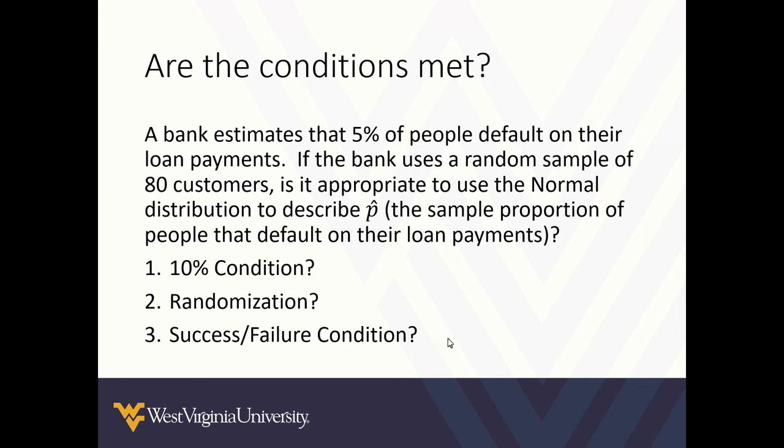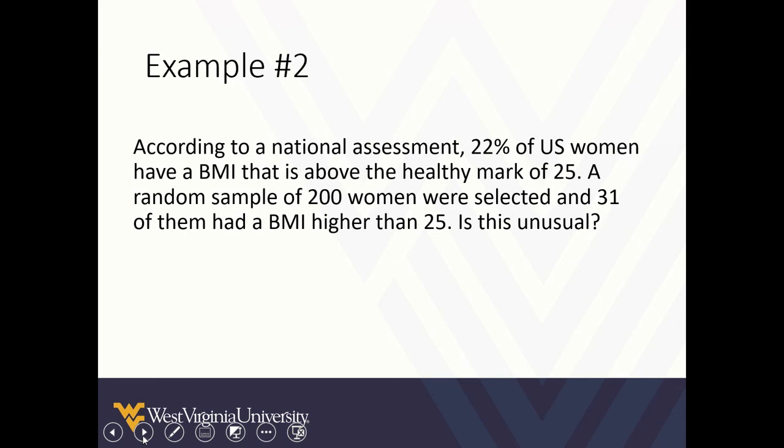Remember, we need our np to be greater than or equal to 10. Our n in this case is 80, and our p is 5%, and that equals 4. And 4 is definitely not greater than or equal to 10. So therefore, our conditions are not met in this situation, so the central limit theorem is not going to apply.